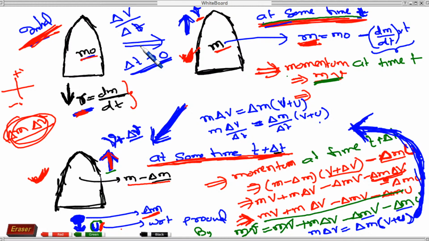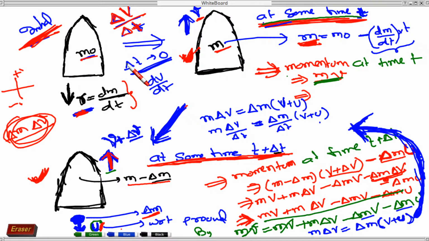So we can write delta v over delta t as dv over dt. Like I told you earlier, any delta part, like delta m over delta t, I will say the same thing.